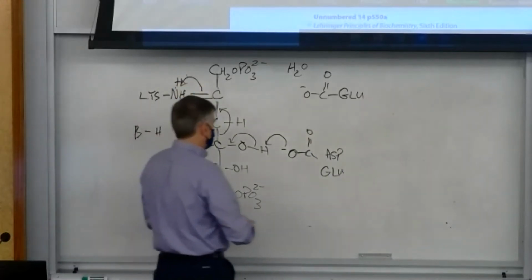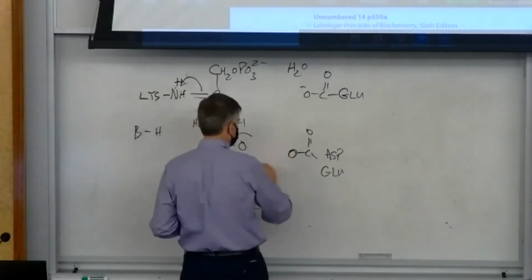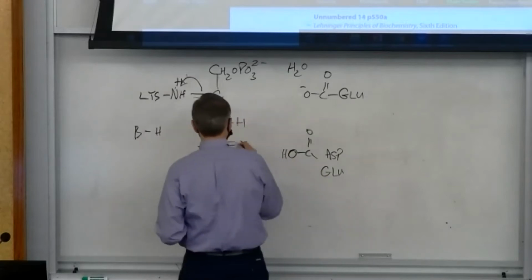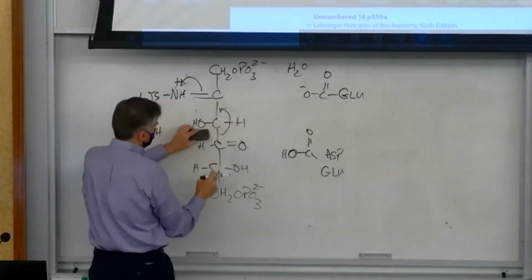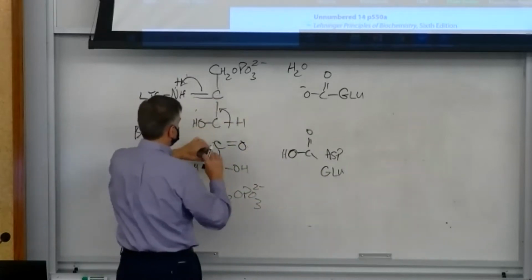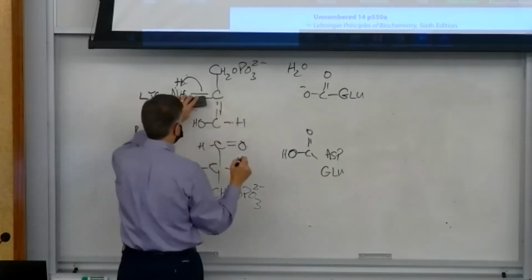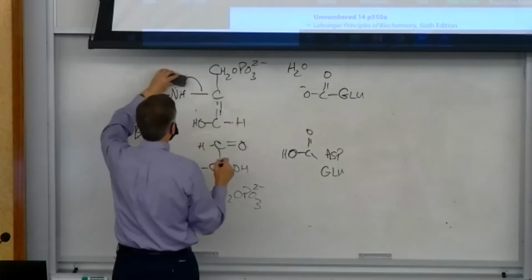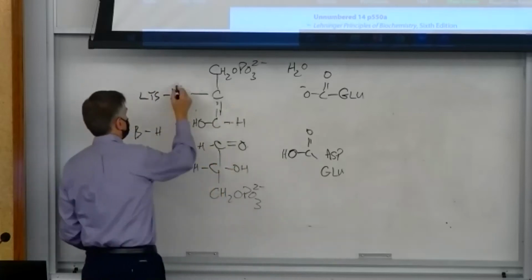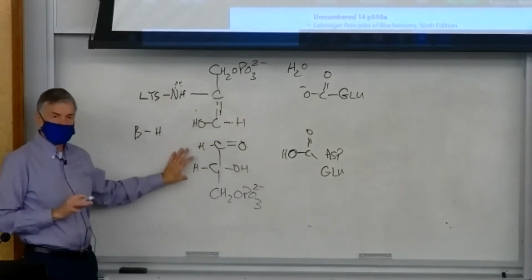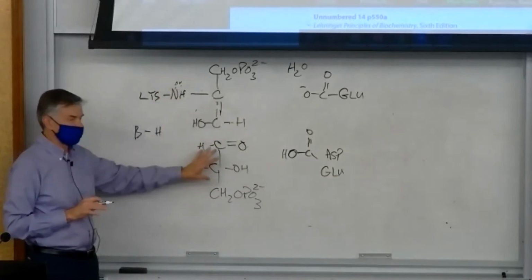Okay, I hear the bell, so we're just out of time. Let me see if I can just show you now that we are cleaving this piece. We're forming this double bond. We move this pair of electrons here. At this point, there's nothing holding this half of the molecule, and this comes out.